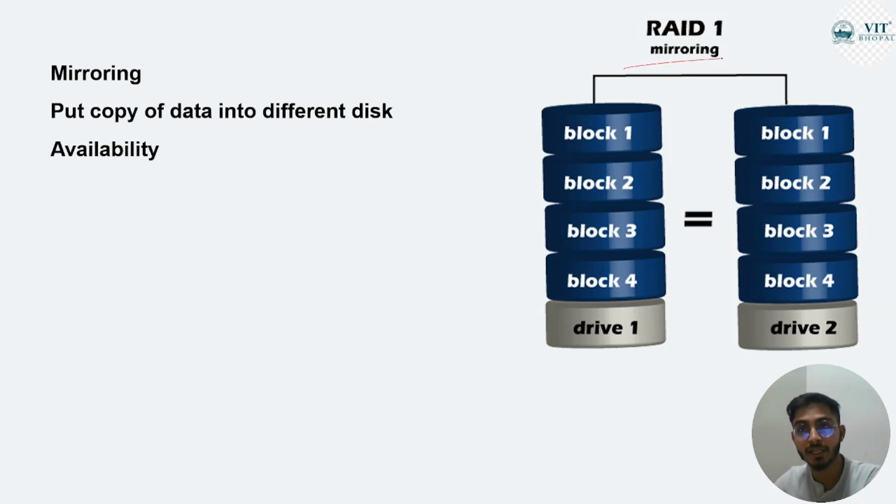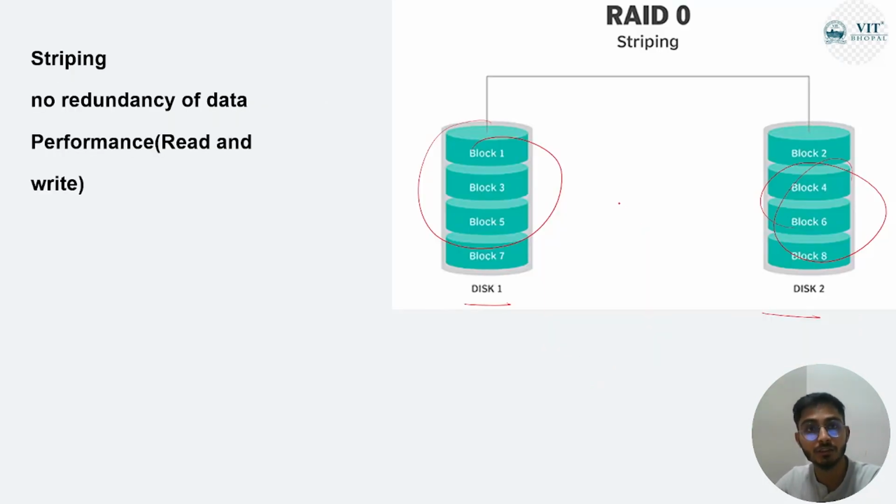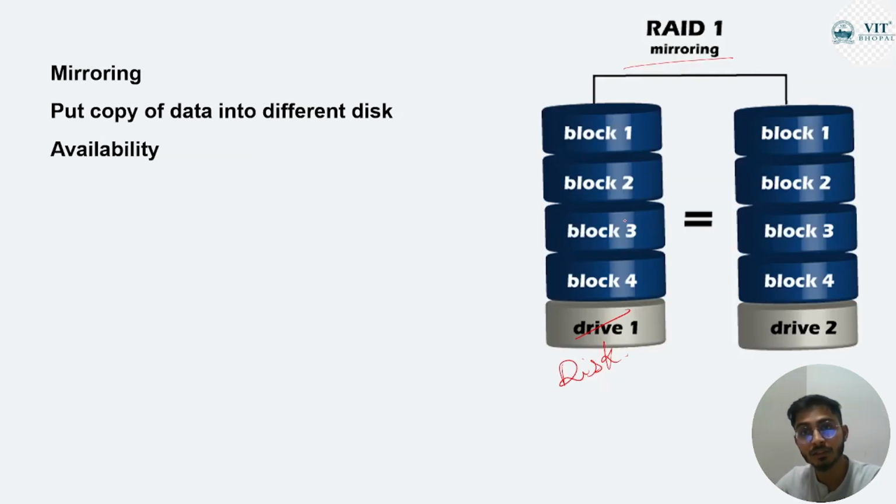In RAID 1, mirroring is there. It means that in both disks, you can also say disk or drive, both are the same, no problem. So in both disks, we are storing a copy of the same data, right? And in RAID 0, in both disks, different data is there. In RAID 1, a copy of the same data. So what is the purpose?